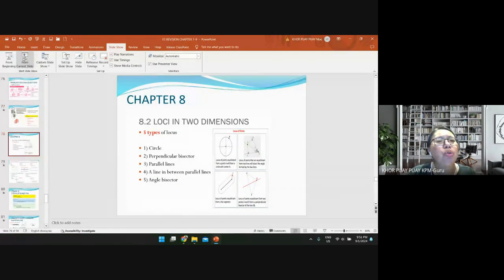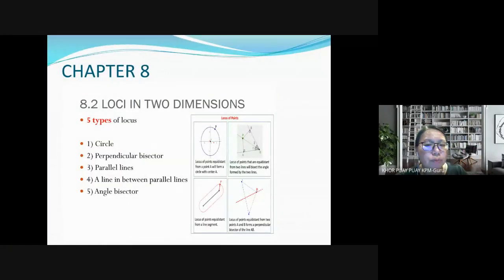Make sure you know there are 5 types of locus and what the keywords are to draw the locus. Okay, this one you must find out. If they give you a dot, satu titik, and they give you a distance, satu jarak, you will form a circle. This is your locus number 1.